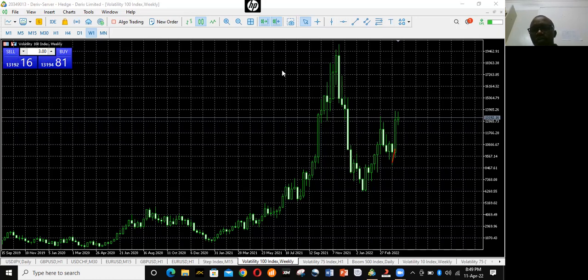It gives us a strong picture, a strong visualization to see that the market is moving from level A, and it will rest on level B.